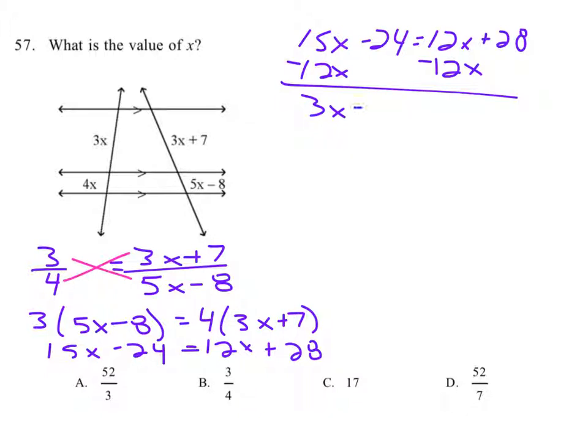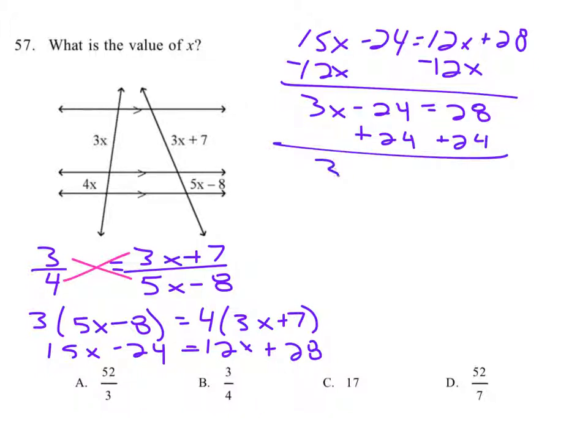We get 3x minus 24 equals 28. And we add 24 to both sides. That gives 52. Okay.